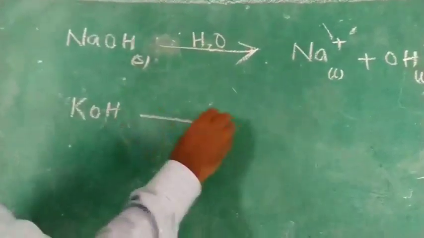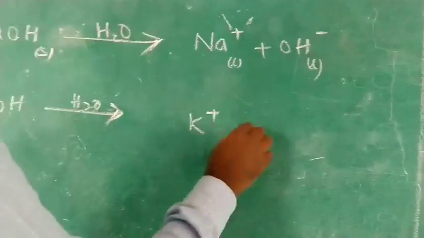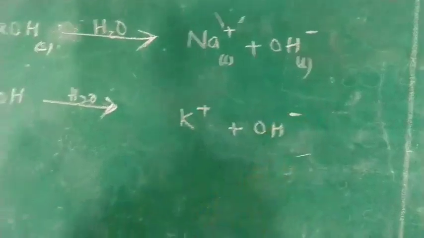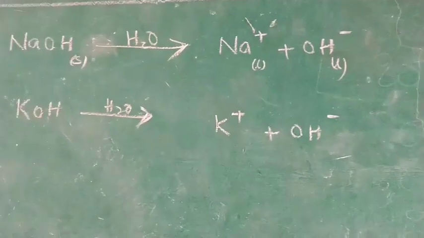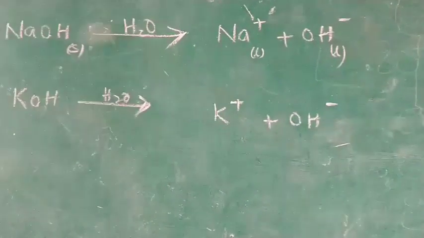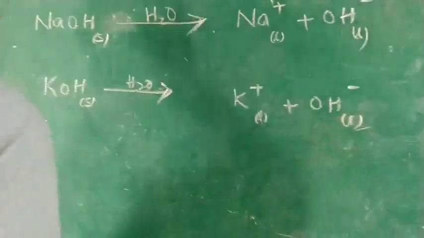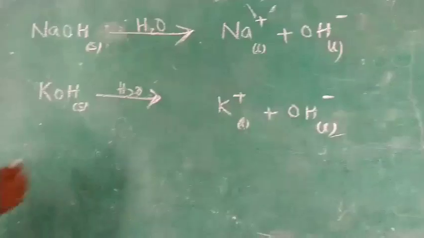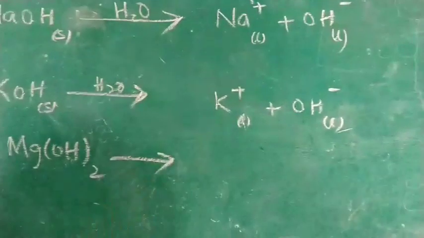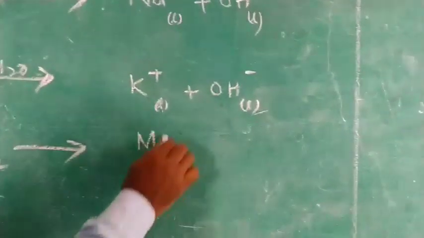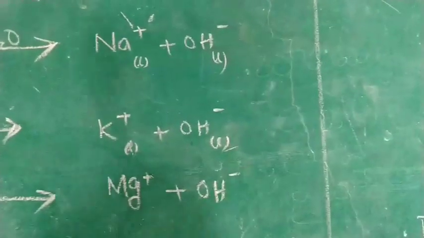KOH gives rise to K plus and OH minus. If you are taking Mg(OH) taken twice, magnesium hydroxide, it gives rise to Mg and OH minus.